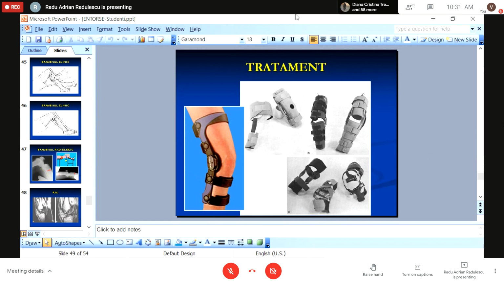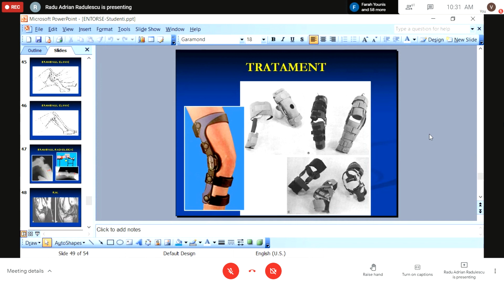They must be at the beginning sent to the kinetotherapist, who will start a physical rehabilitation program designed to develop the muscles of the thigh, especially the quadriceps extensor mechanism, which is a very important stabilization factor of the knee in standing, I mean in full extension of the knee.